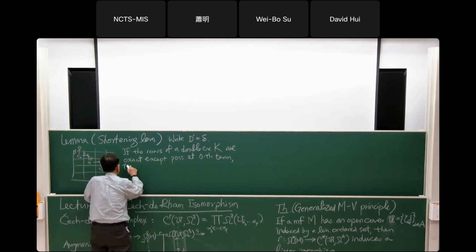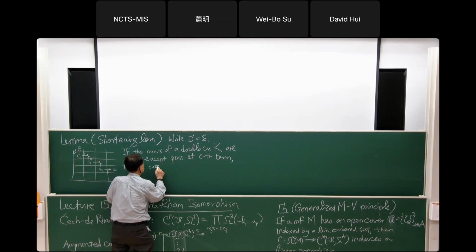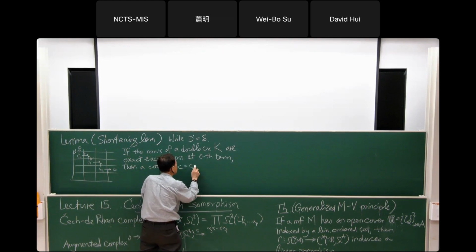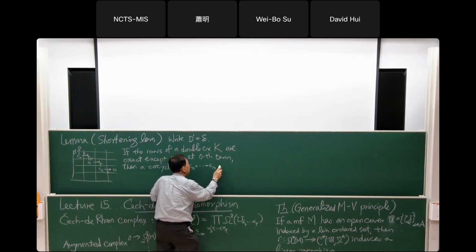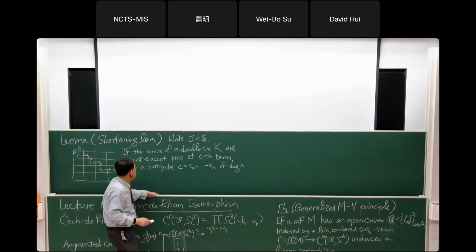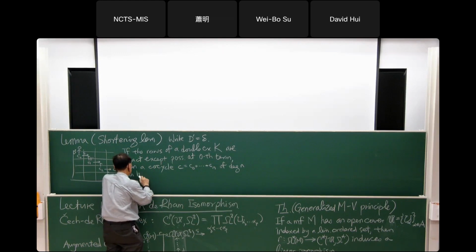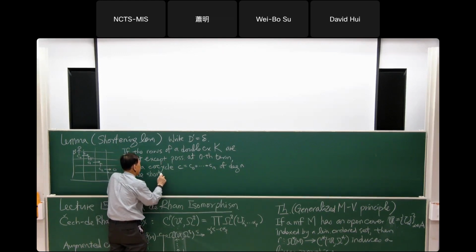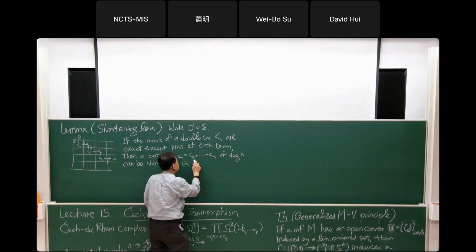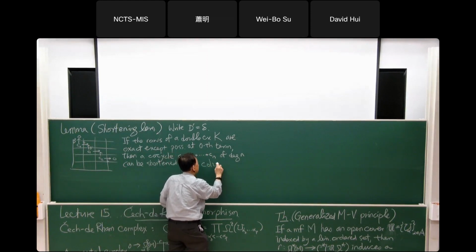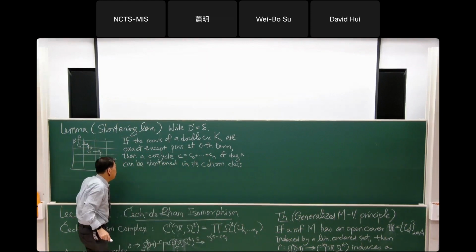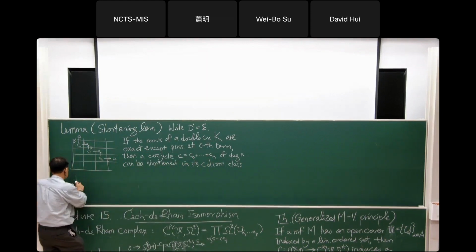Then a cocycle C of degree n can be shortened in its cohomology class so that it has only the top component.